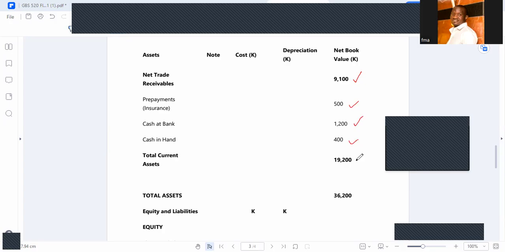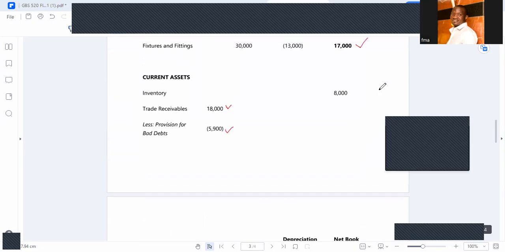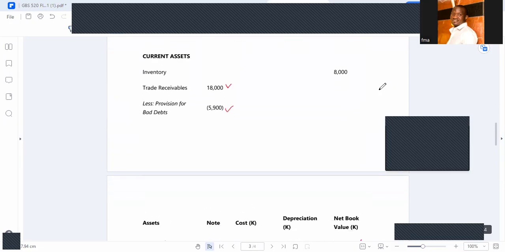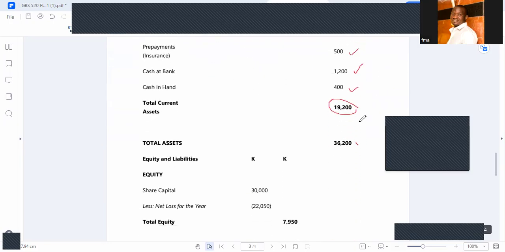So our total assets we add, so we have this total current assets is 19,200. So we total up 19,200 plus the 17,000. All right. So this is going to be 36,200.